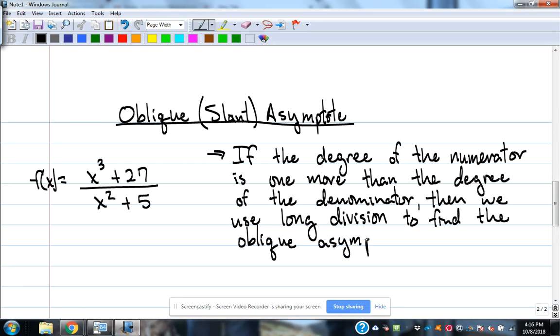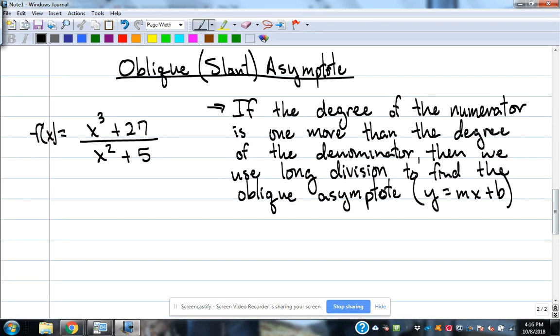That oblique asymptote will have an equation that's of the form y equals mx plus b. It'll be a linear equation. And when we do that long division, we find out what that equation is.